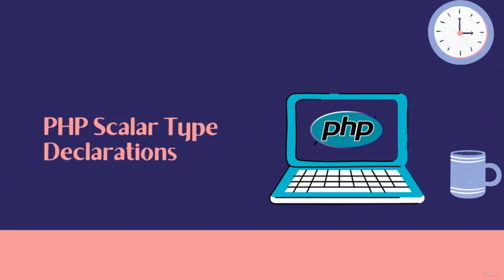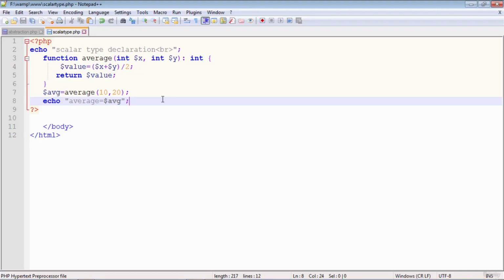In this video, let us see one of the new important features that have been added into PHP 7, called scalar type declarations. This example shows you how to use scalar type declarations in a PHP 7 function.